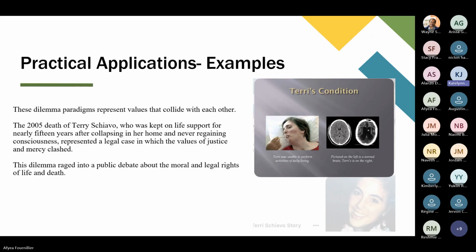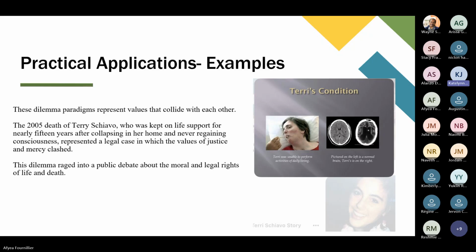So the 2005 death of Terri Schiavo, who was kept on life support for nearly 15 years after collapsing in her home and never regaining consciousness, represented a legal case in which the values of justice and mercy clashed. The dilemma reached into a public debate about the moral and legal rights of life and death.